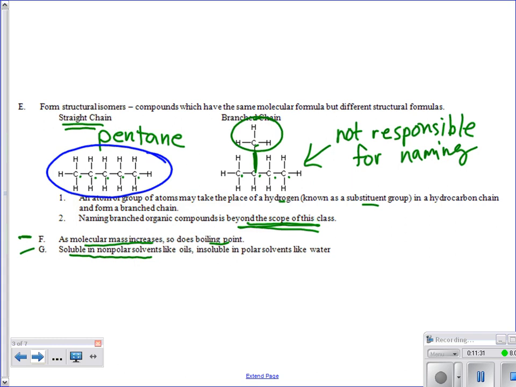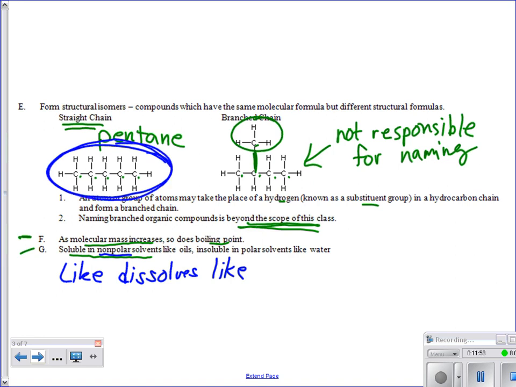Well, it's going to be soluble in nonpolar solvents or compounds, because what we end up seeing, maybe you just want to write this down, is that like dissolves like. Again, this is really more of a topic for next unit, but I just think this is a good example for us to look at and see why that is, that there are no positive and negative sides here.